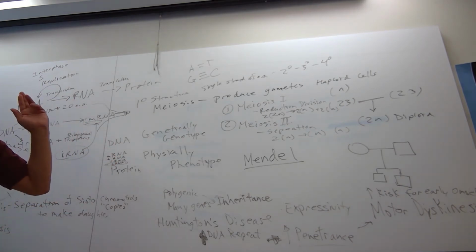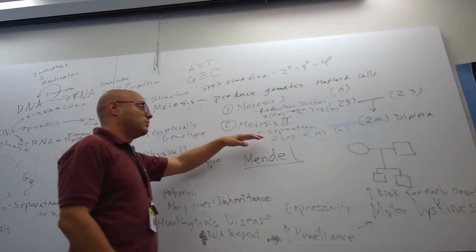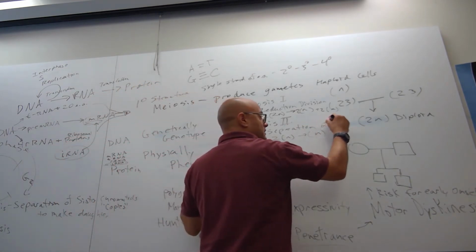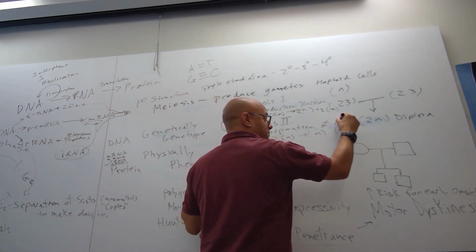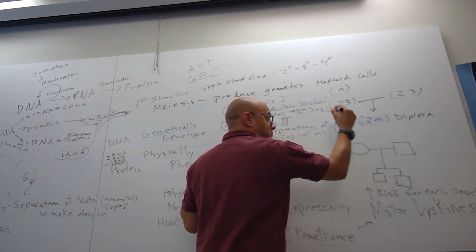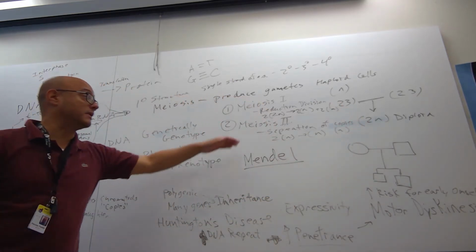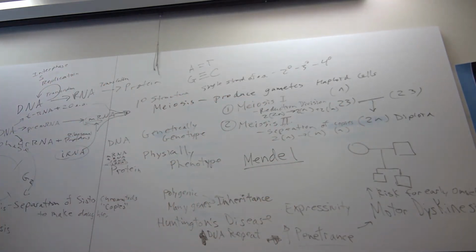But we keep the copies together, so in meiosis 2, we have separation of chromosomal copies, or chromatids. That's why meiosis 2 is similar to mitosis. Okay? Because it's separation of copies.